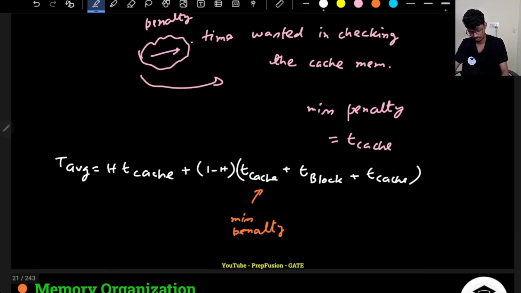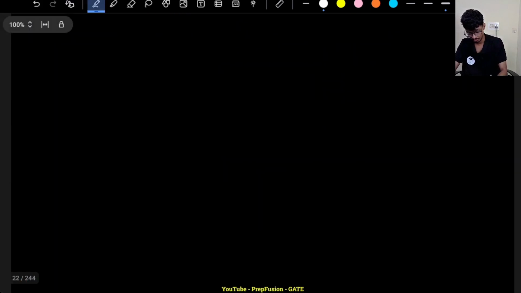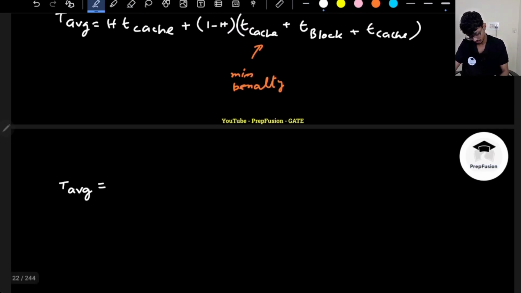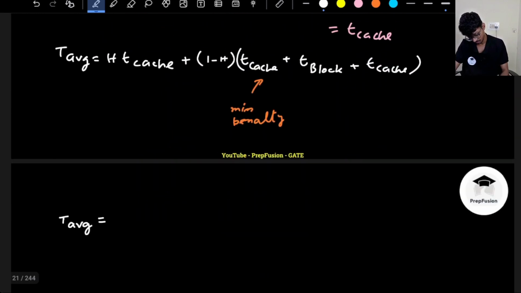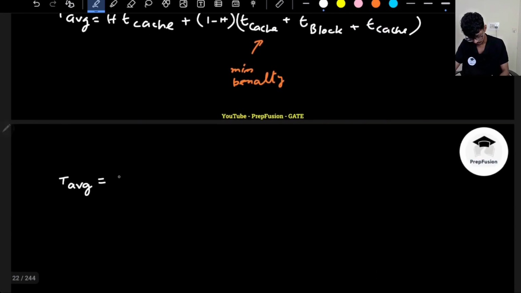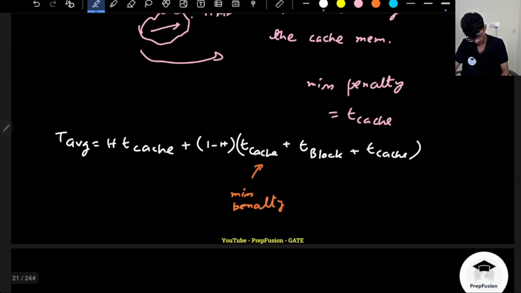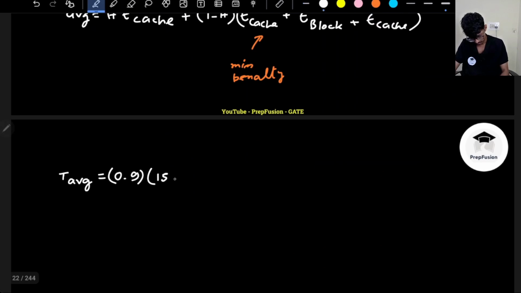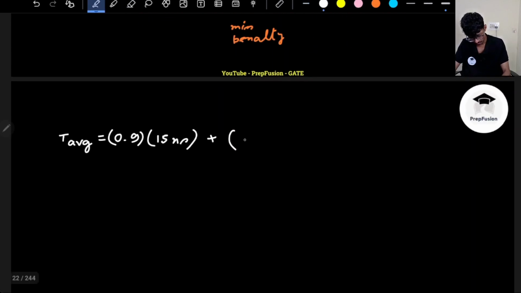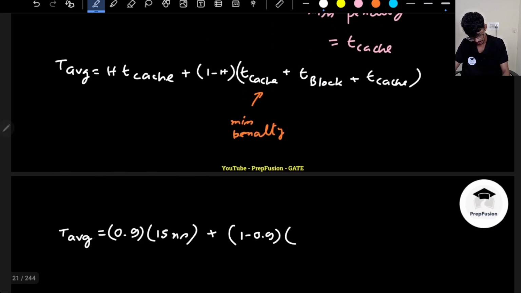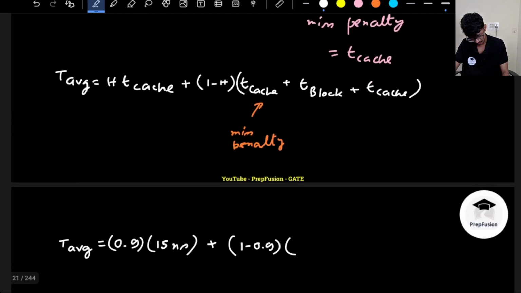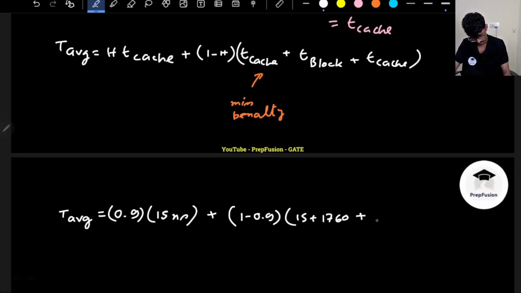Ultimately my T average comes out to be hit ratio 0.9 times T cache, which is 15 nanoseconds, plus (1 minus 0.9) times (T cache 15 nanoseconds plus the block transfer time 1760 plus the T cache 15 nanoseconds).